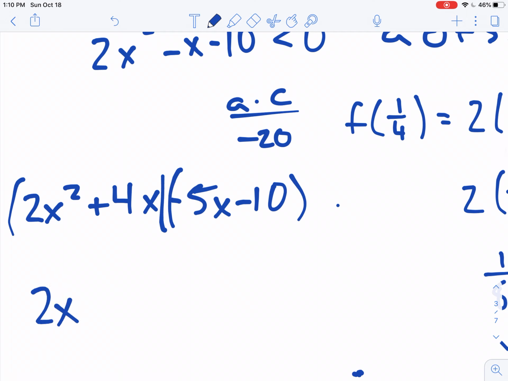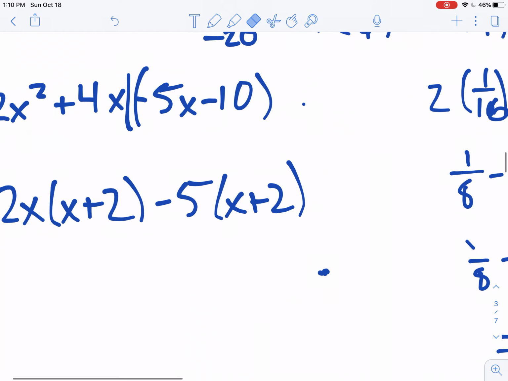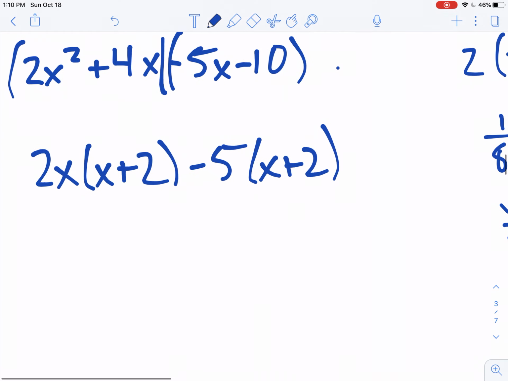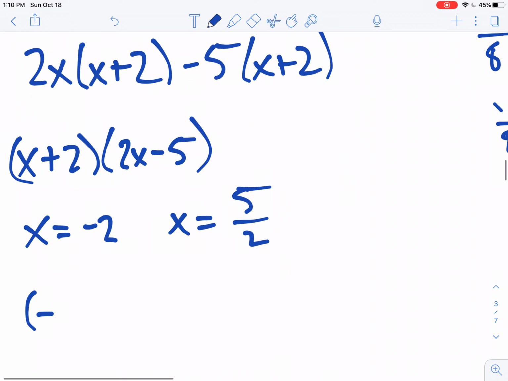I've got 2x times x plus 2 minus 5 times x plus 2. So x plus 2 times 2x minus 5, x is equal to negative 2, x is equal to 5 halves. Those are my 2 x-intercepts here.